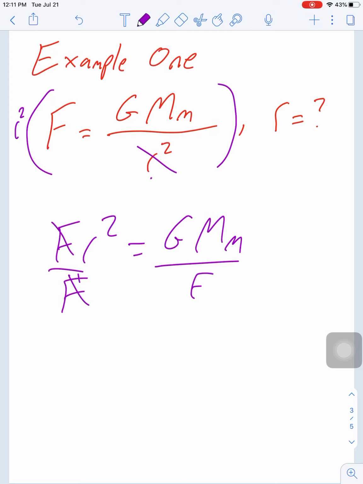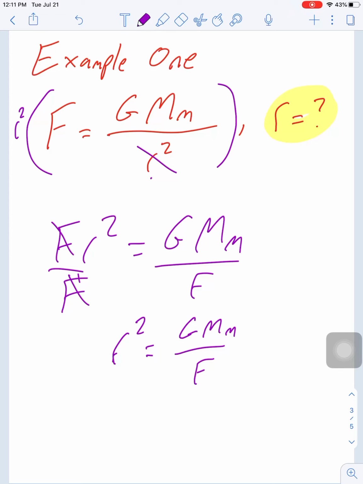On this side, we get r squared is equal to capital G, capital M, lowercase m, over F. Now you go, wait, F's on the bottom. That's not good. Well, remember, our goal is to find what is r by itself. And so because we're looking for r, it's okay that the F variable is on the bottom. In the real problem, we would have that as a number, and it would just be dividing by that number. So now we have r squared alone.